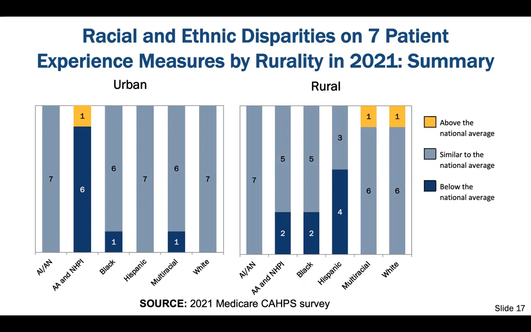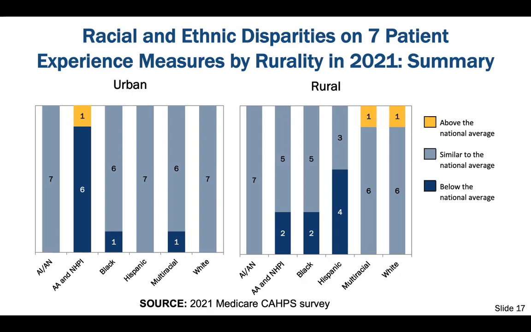So if you look at Hispanic members of MA plans as an example, you can see that Hispanic MA enrollees have experiences that are broadly similar to the national average in urban areas, but are markedly below the national average for 4 out of 7 measures in rural areas.